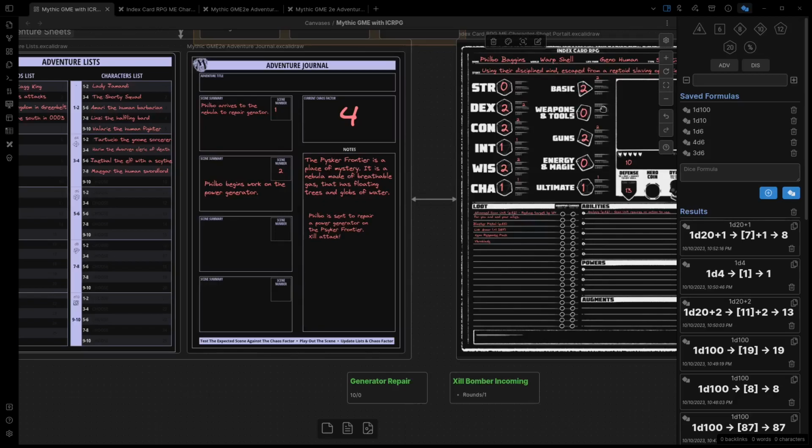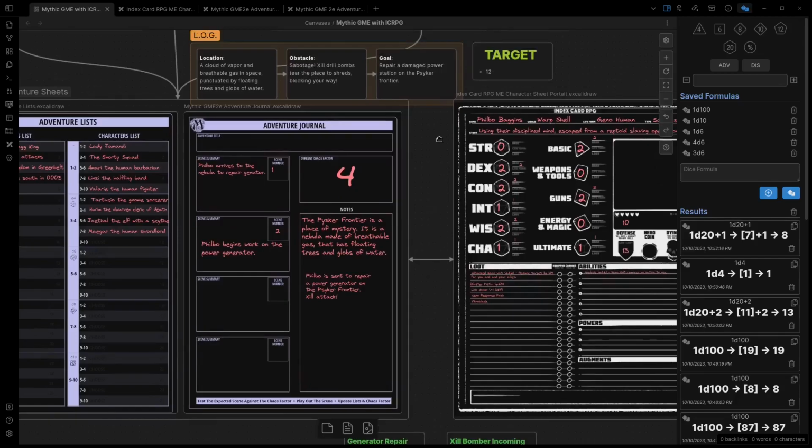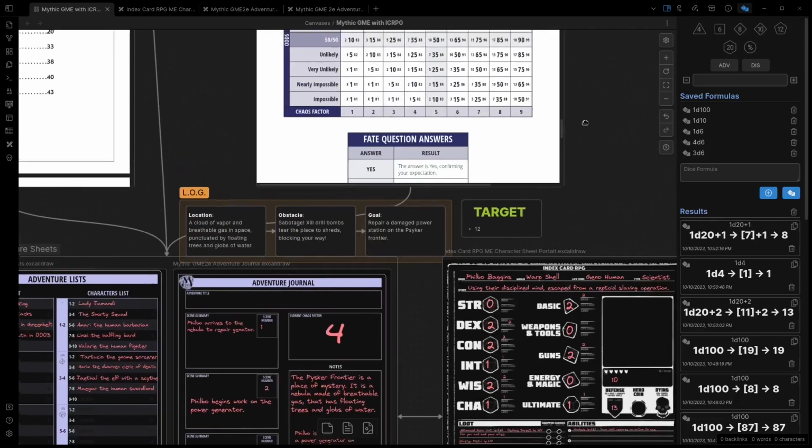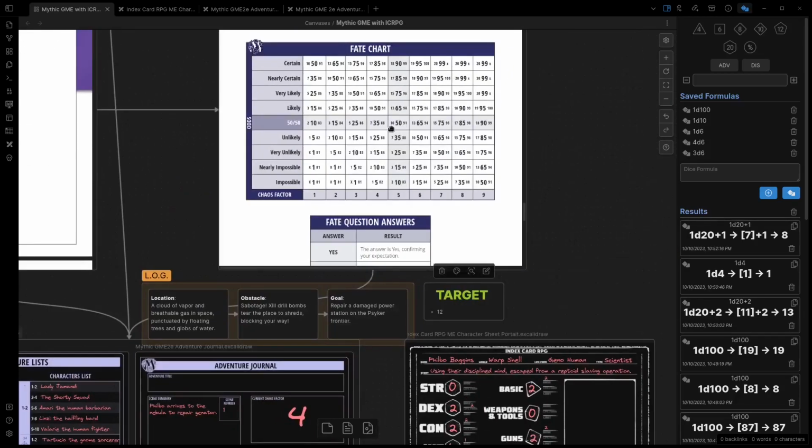However, since I randomly generated this stuff, he has no weapons or tools. Does he have weapons or tools? There's a good question. Does my character have tools? We're going to go very likely, Chaos Factor 4, 65 or less.